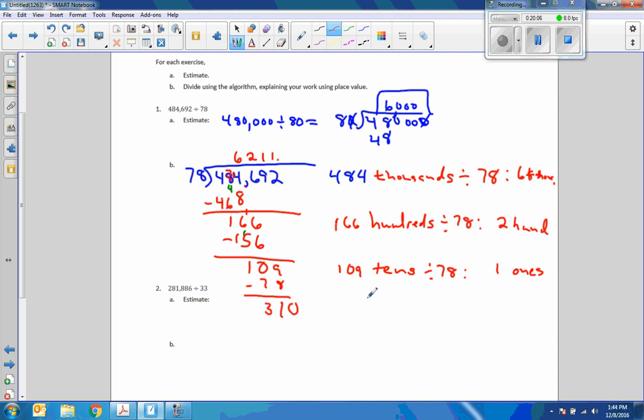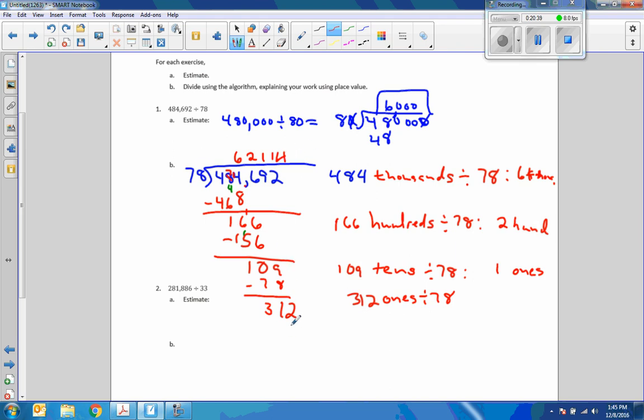Okay, so now we're at, oh, I'm sorry, that's not a 0. It's a 2. Bring down the 2. Okay, we brought down the 9 here, now we're going to bring down the 2. So that is 312 ones divided by 78, and there's no decimal here yet, that will be 4.